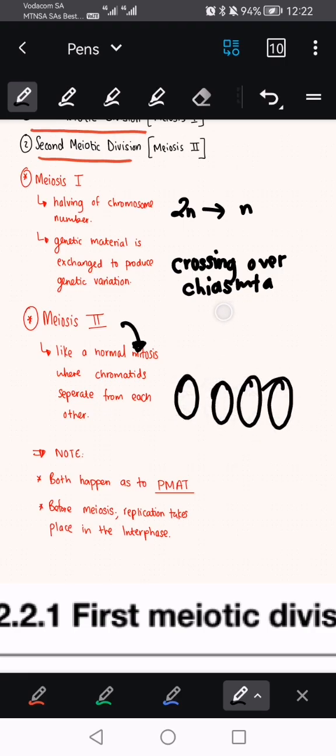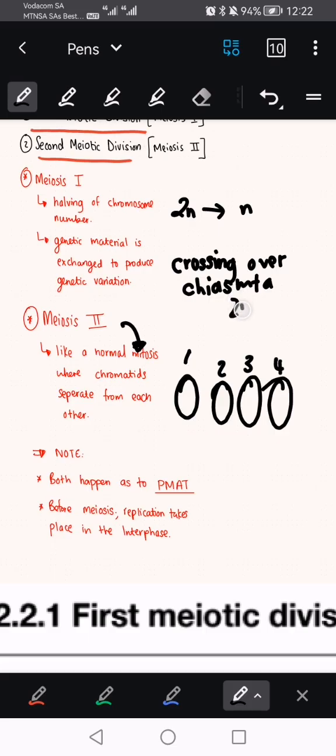Remember, you're going from the definition of meiosis, or some textbooks use this definition. I'm not a fan of the definition, but it is when division takes place and we have 4 different haploid cells.